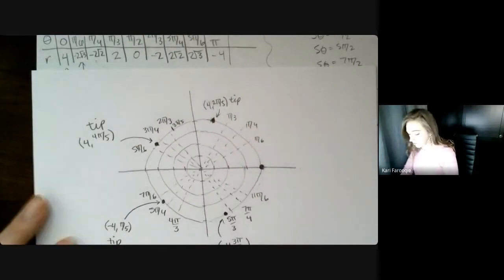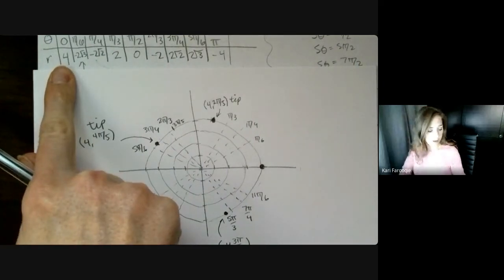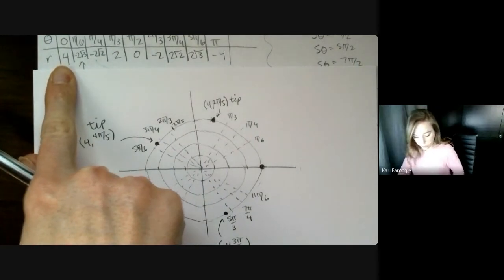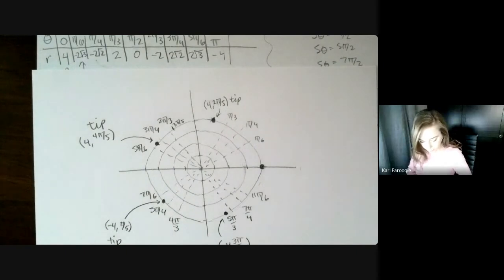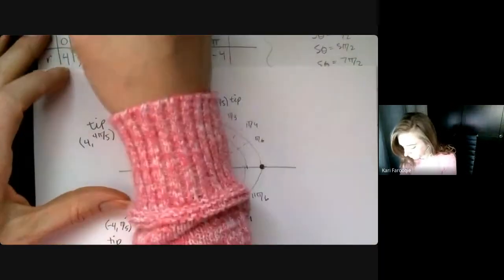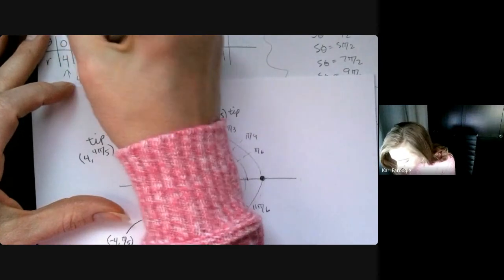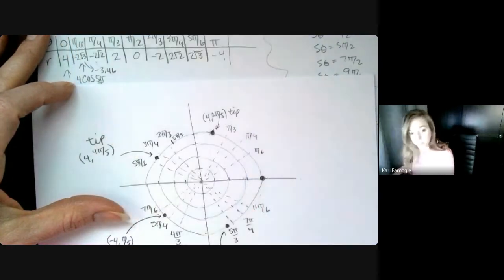So we already have this point at 0,4. At pi over 6, we have -2√3. Negative 2 times the square root of 3 is approximately negative 3.46.